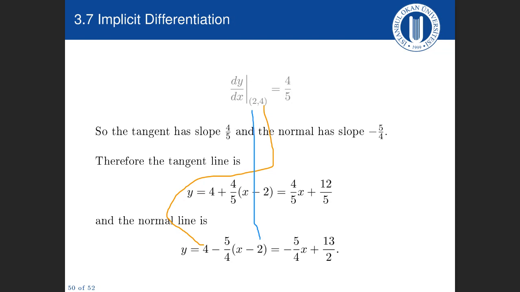The something is the slope. 4 minus 5/4 times x minus 2. The only difference between the tangent line and the normal line is that we have a different slope, because they both pass through the same point. They both pass through the point (2, 4).